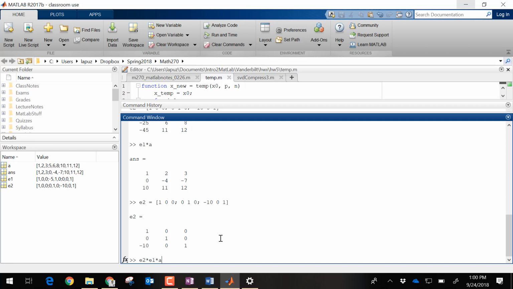But whenever you add on another elementary matrix, you're going to multiply that on the left. Always want A to be on the right. And you can see now that we've gotten rid of that negative 10. And so now this is our matrix.